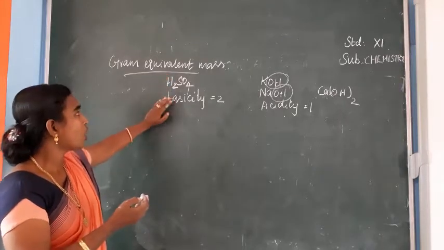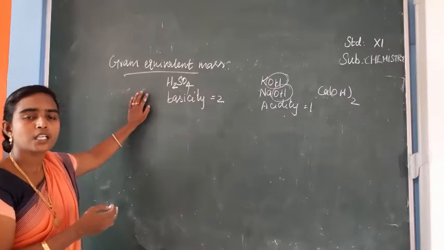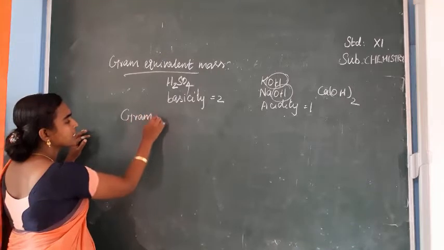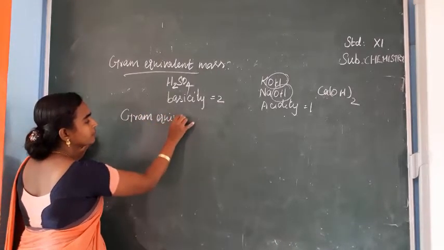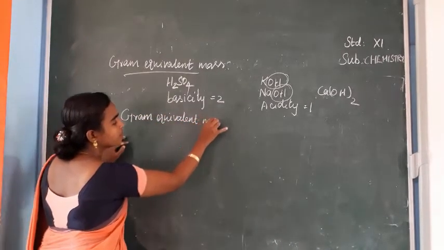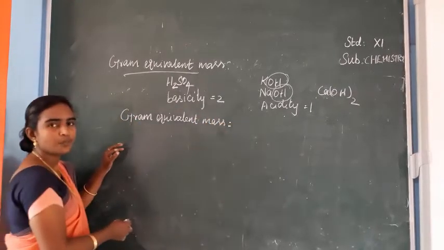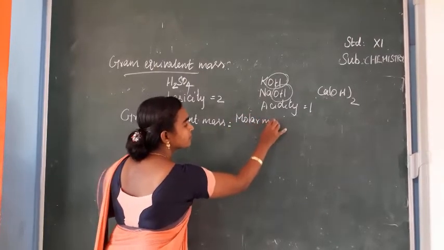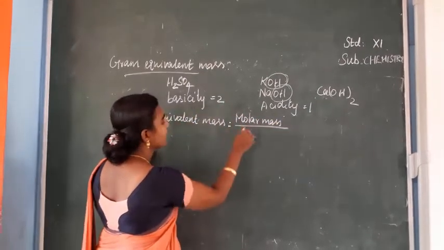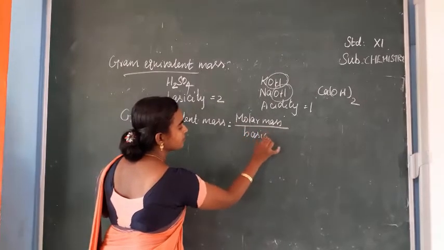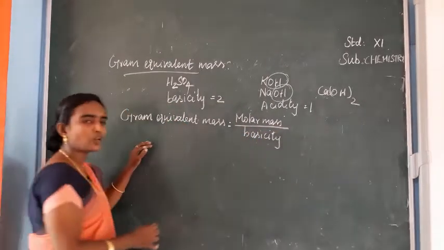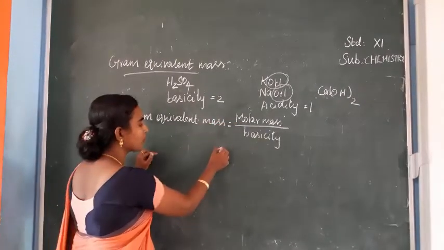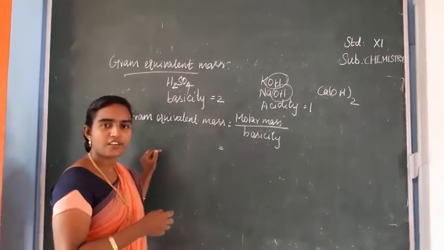Next, how can we calculate the gram equivalent mass? The formula is: gram equivalent mass is equal to molar mass divided by basicity. Molar mass calculation we have already learned. The formula is H2SO4, sulfuric acid.